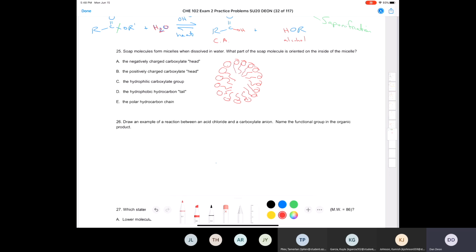It looks like a piece of earwax on the inside, so this is the dirt. So who can tell me which part of the micelle is going to be oriented on the inside? Remember, this is in water. So which part would be on the inside, if the water is out here?